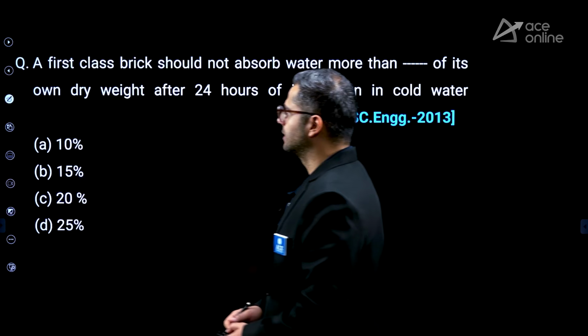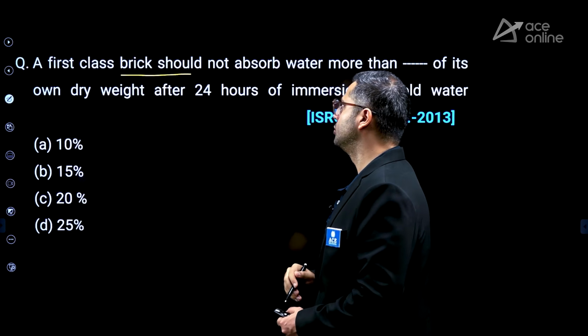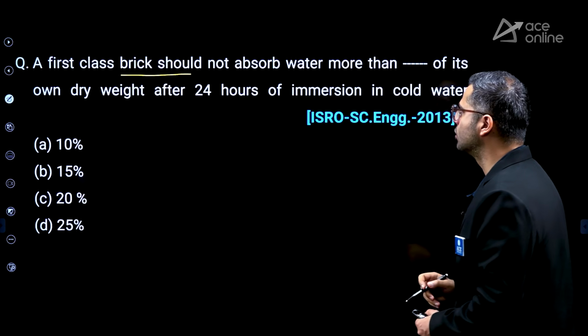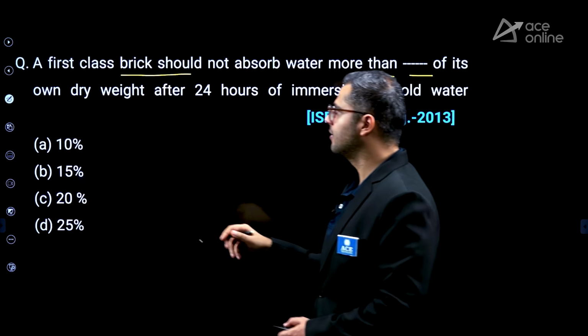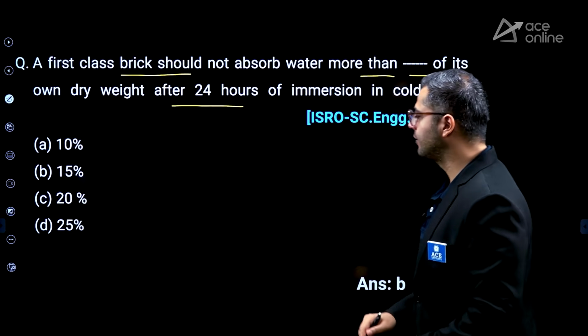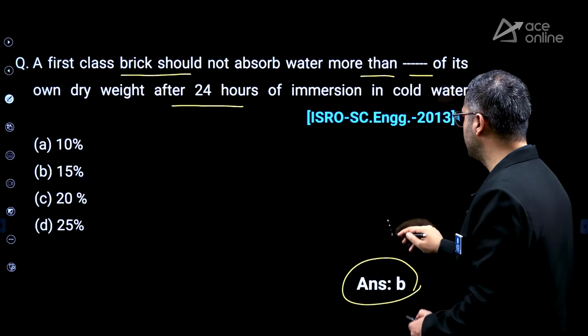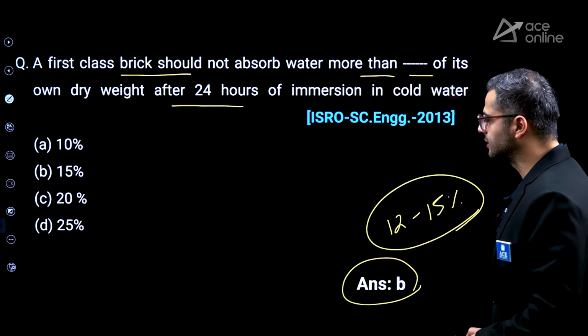Next one: a first class brick should not absorb more than dash of its dry weight in 24 hours. It should not be more than 15%. Actually, it should range between 12 to 15% for first class bricks.